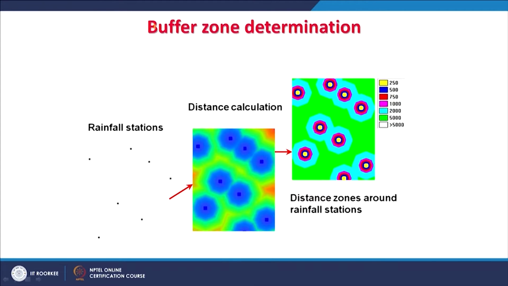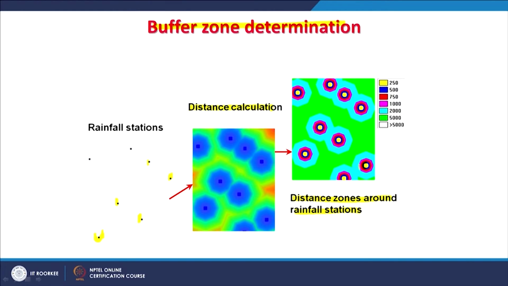Similarly, buffer zone determination using point data can be done. If we have the rainfall information about certain points, I can do the distance calculation, and finally I get the distance around rainfall stations, where it is expected that the value of rainfall would be more reliable closer to the station.